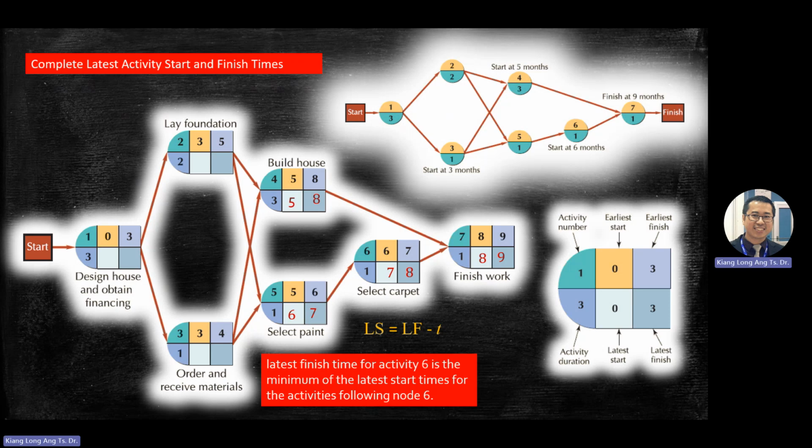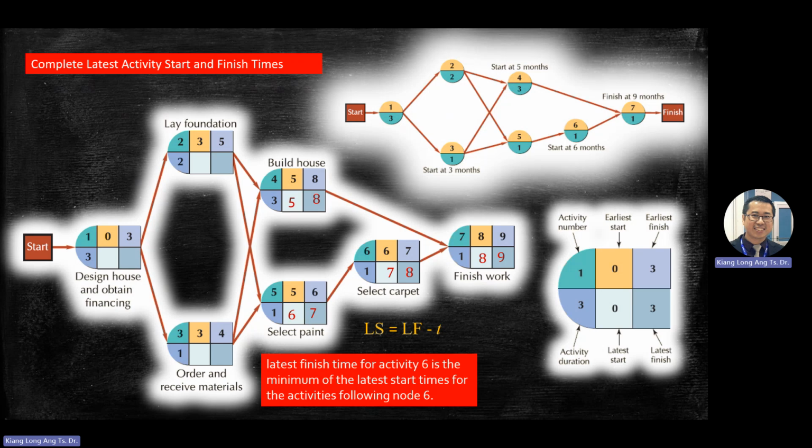Okay. Now, the next one will be the choices. Why? Because one got 6, one got 5. Which one to choose? Be careful, careless mistakes usually happen here. What is the latest start?